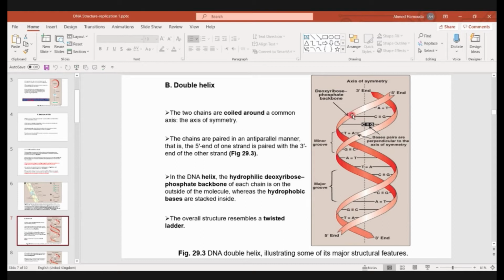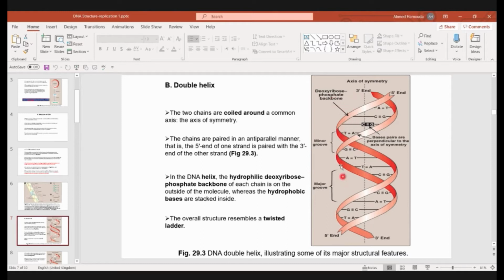Again, you can see the bases are inside, C, G, T, A, T, and the backbone, we said the sugar and phosphate, are at the outside. So this is the deoxyribophosphate backbone. The backbone is the sugar and phosphate.